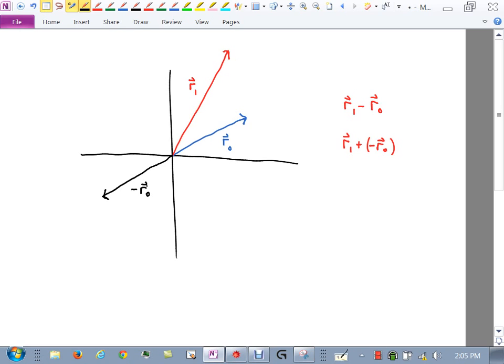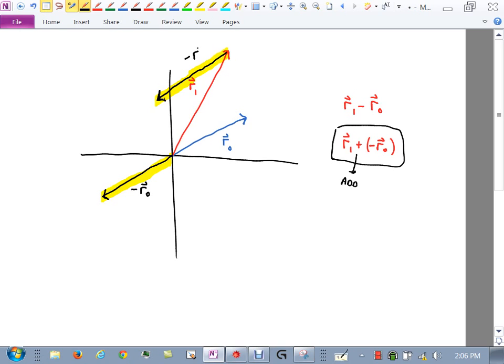Do y'all believe that? Now, this is adding, right? How do I add two vectors together? Tail of one to the tip of the other, right? So I'll take this R0 here, and I'll take the tail of that one and put it on the tip of R1. It'll point like this, something like that.